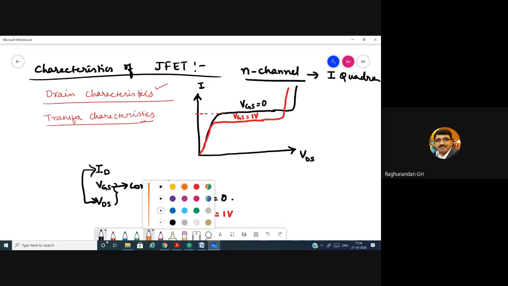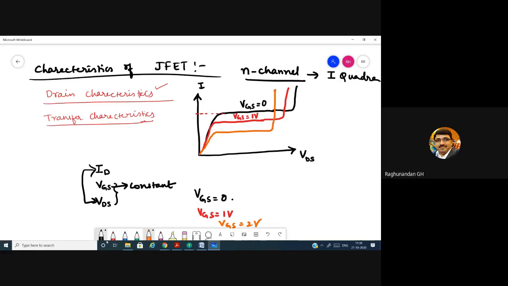Next, I'll keep VGS equal to 2 volt. Again, for VGS equal to 2 volt, the IDS current will further decrease. Then again, when VGS is equal to 3 volt, you can see that when gate to source voltage keeps on increasing, the current decreases.